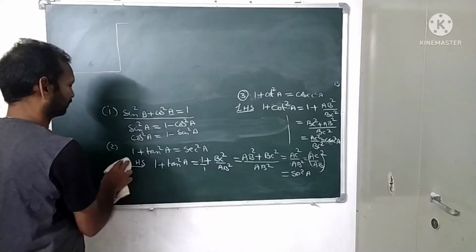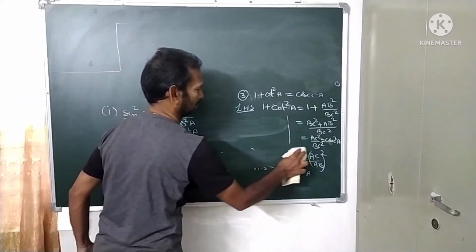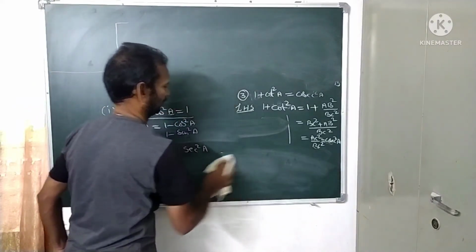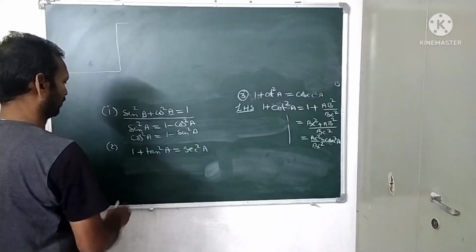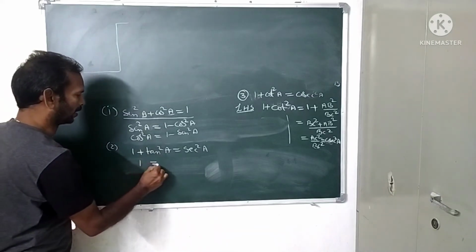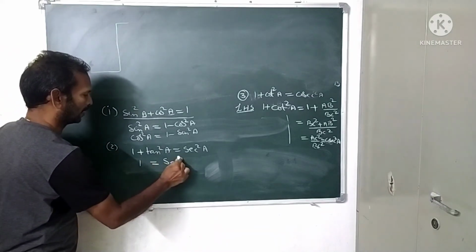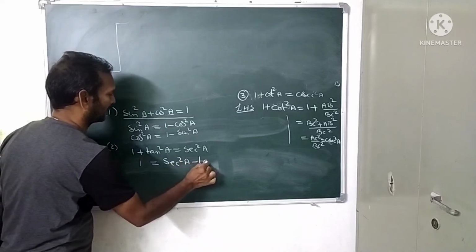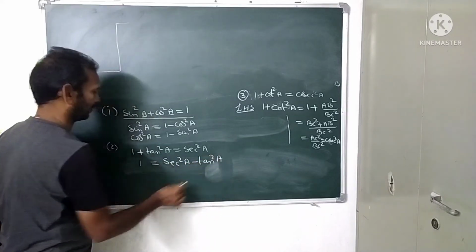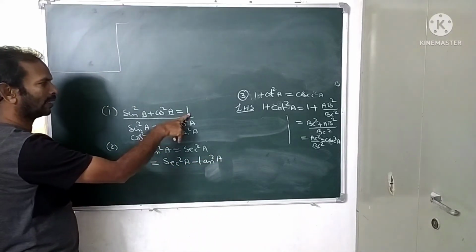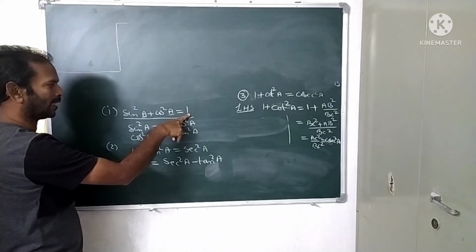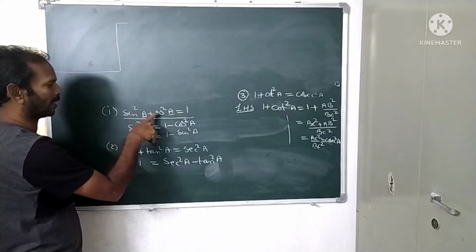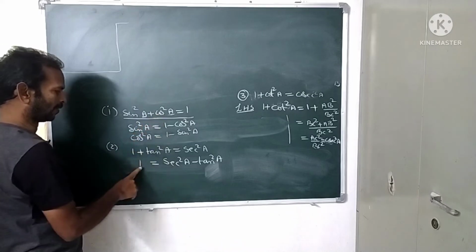Again here, 1 is equal to secant square A minus tan square A. So 1 is there. If you want the answer in terms of sin and cos, you can write sin square A plus cos square A. Again 1 is there.